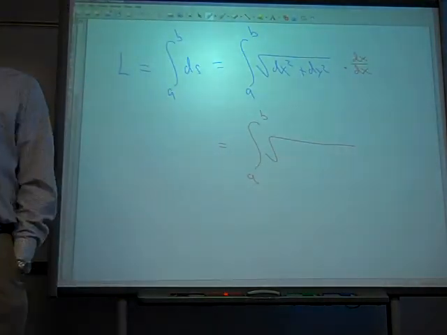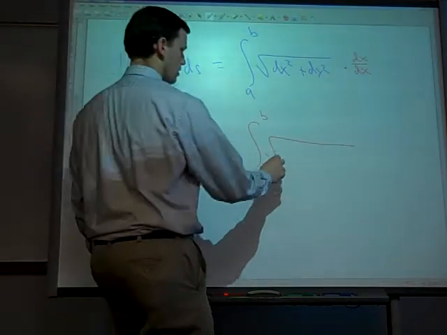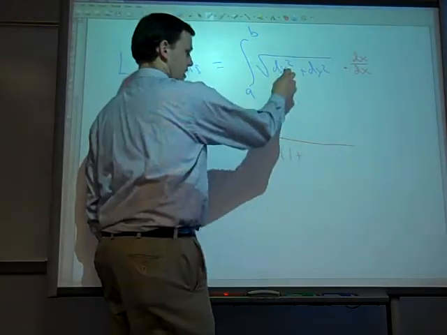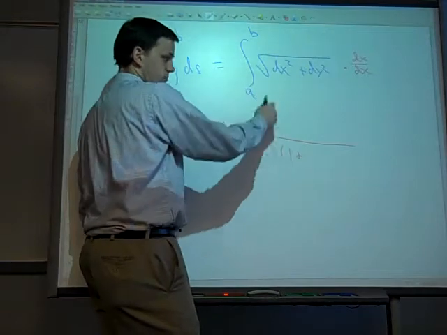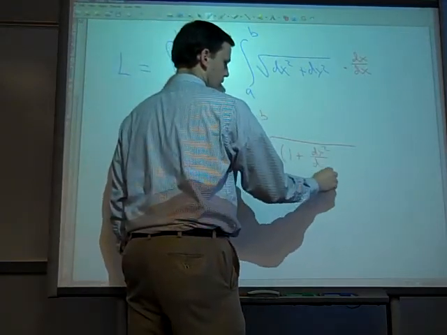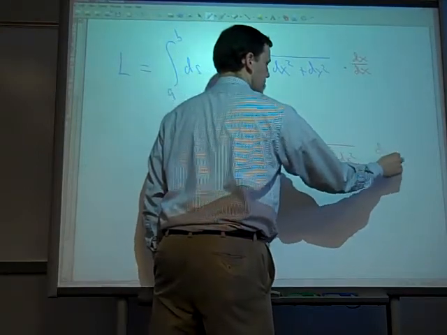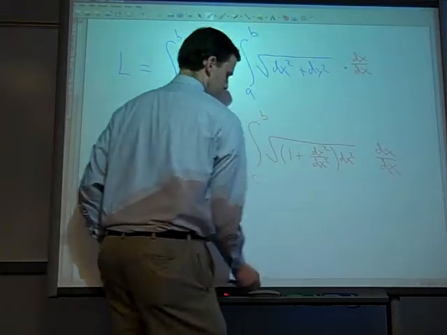And I'm going to do another trick as well. Inside the square root, I'm going to factor out a dx squared. So dx squared divided by dx squared is 1, and then we've got dy squared over dx squared, times dx squared.